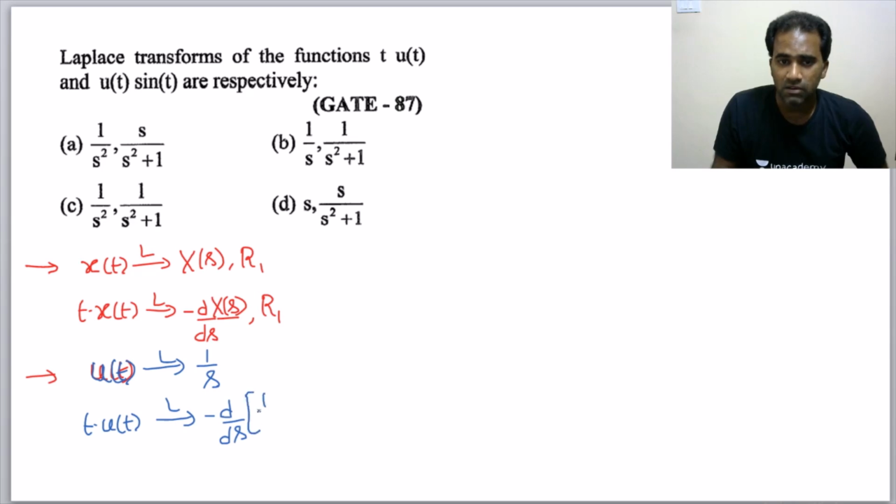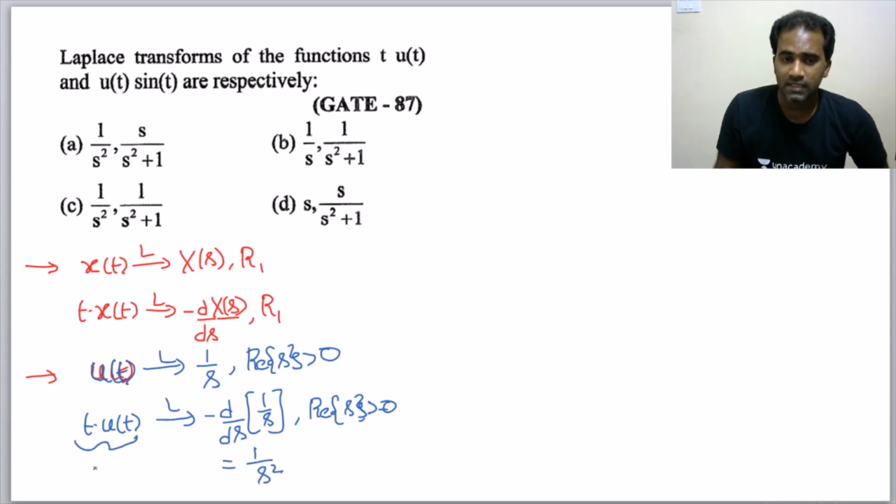So minus d by ds of 1 by s. The ROC for u of t is real part of s greater than 0, and because of the multiplication with t property, the ROC will not change. Real part of s greater than 0. If you differentiate this, it becomes minus 1 by s square, minus and minus cancel, and it becomes plus 1 by s square.